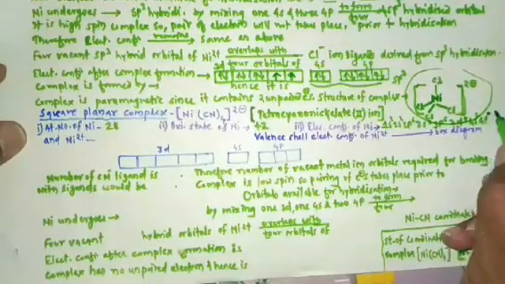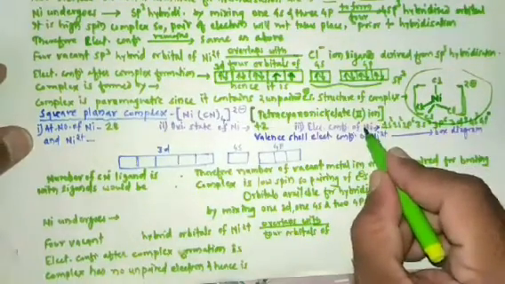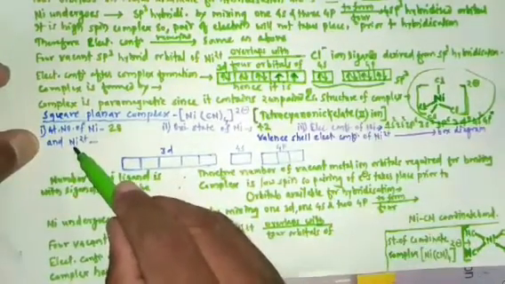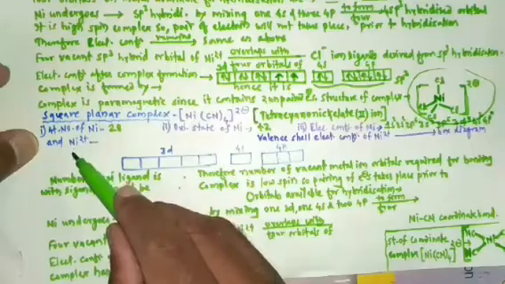Then let's represent the electronic configuration of the Ni2+ ion.